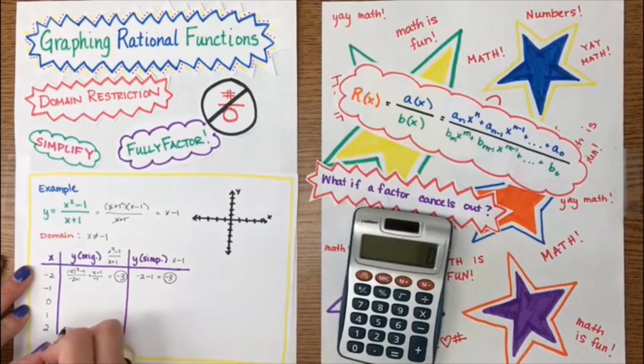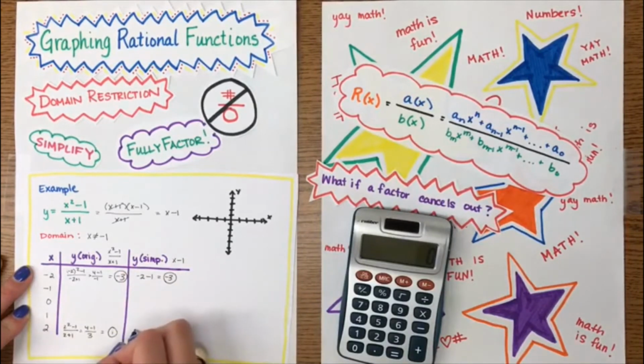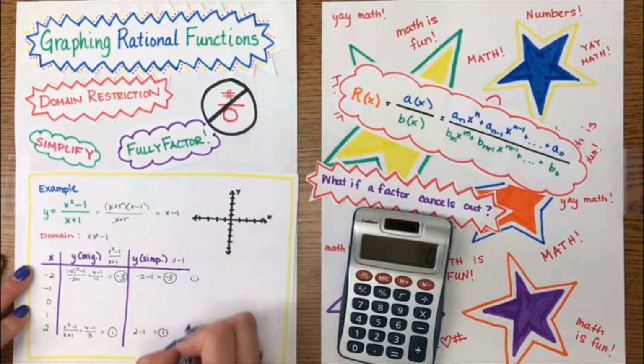Let's try 2. 2 squared minus 1 over 2 plus 1 gives me 4 minus 1 over 3. That's 3 over 3, or 1. If I plug 2 into the simplified equation, 2 minus 1 is 1. I again get the same value. So I'm going to put a smiley face because these are the same value.